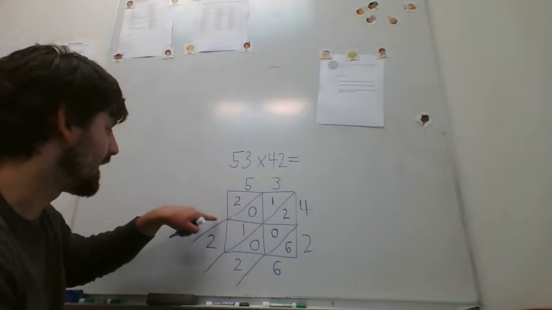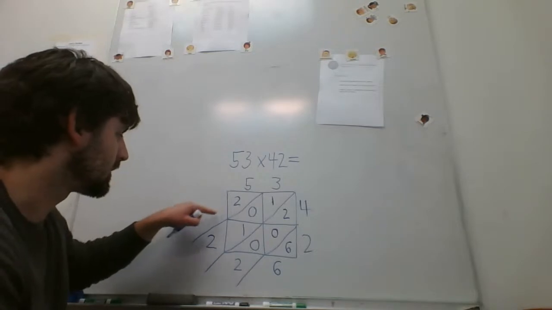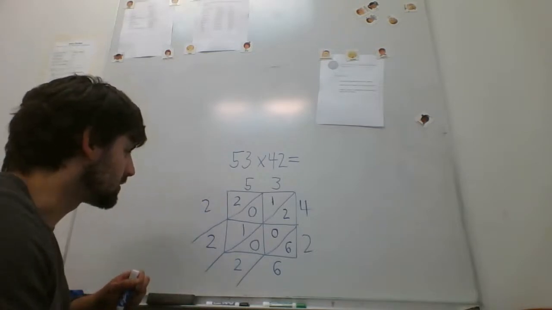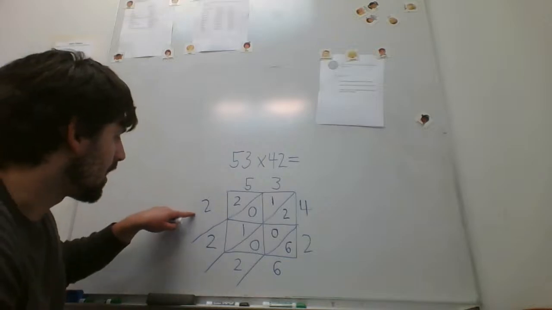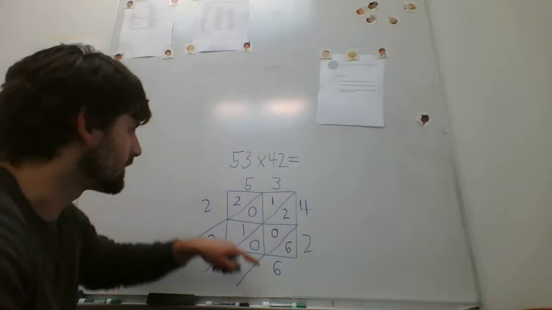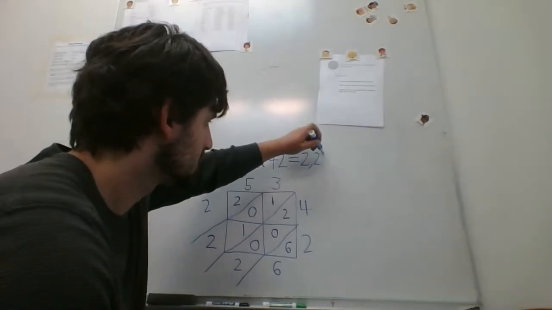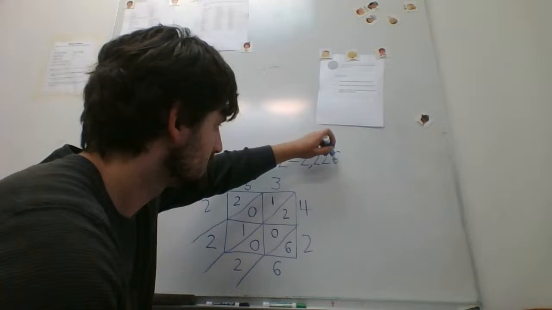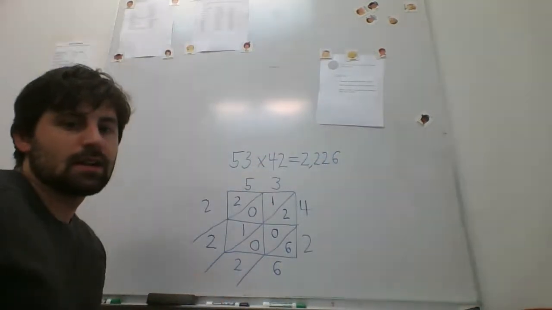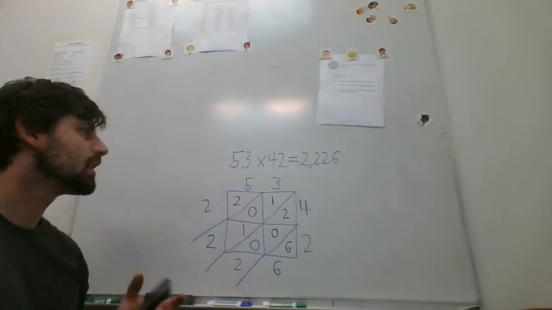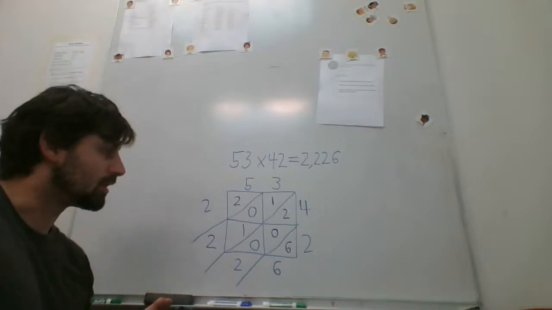And then we have a 2 by itself to the top of this diagonal line. So if we read our digits from left to right, our answer is 2,226. So 53 times 42 equals 2,226.